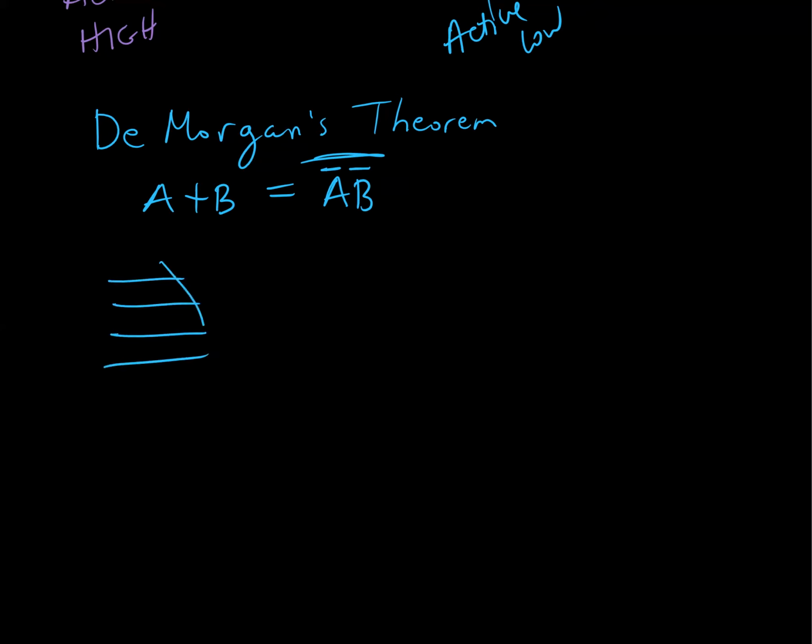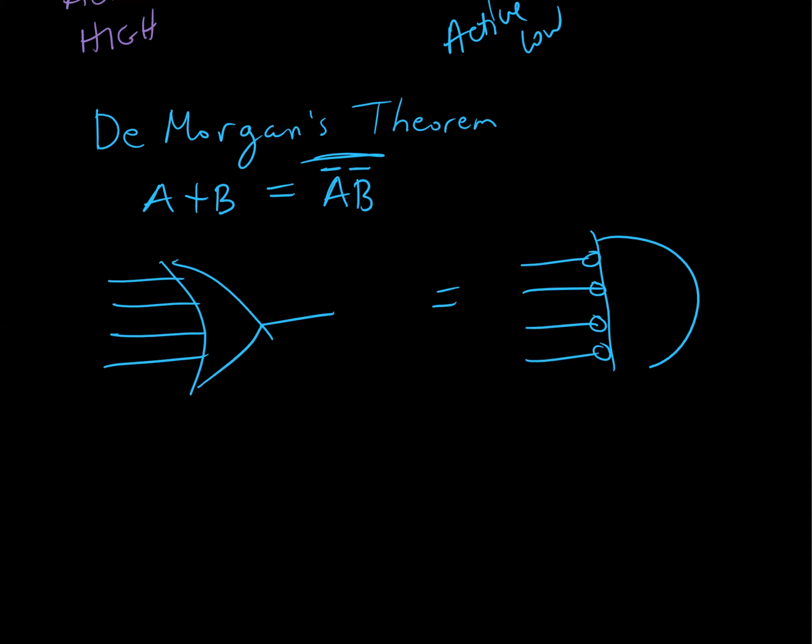it's like with our example there, it's like saying this is equal to this, because we can expand De Morgan's theorem for 4 inputs. So if we had 4 inputs, we can expand De Morgan's theorem. It's still true.